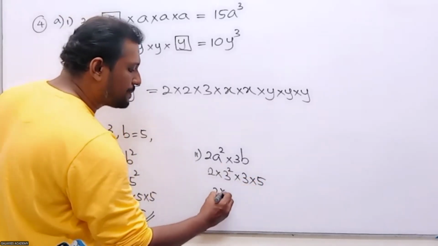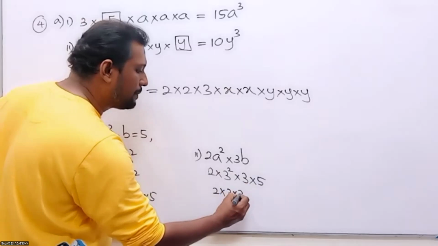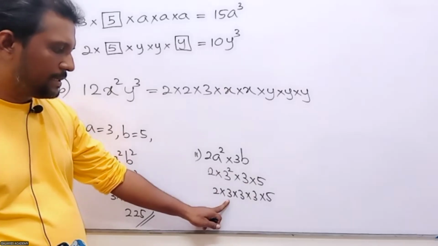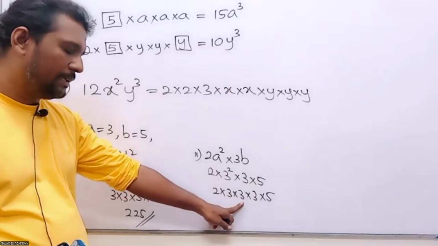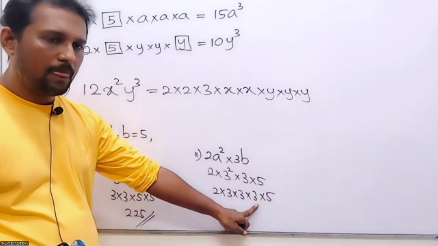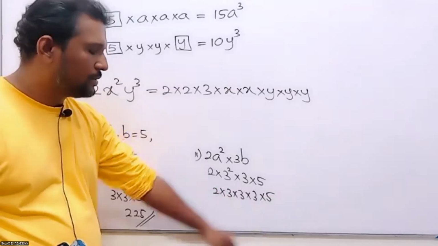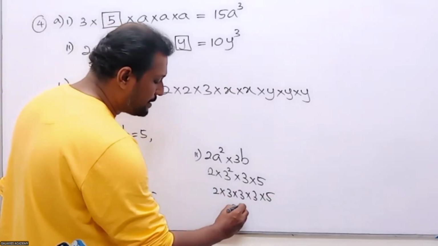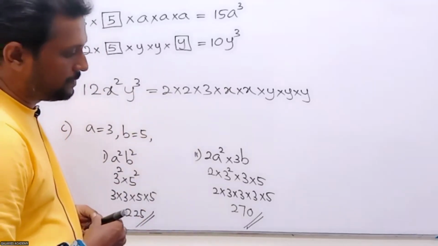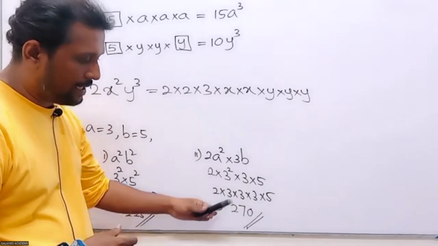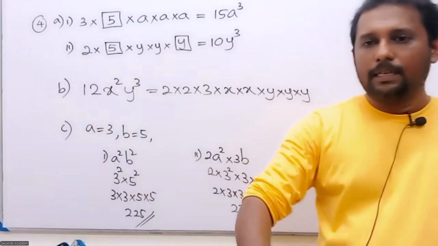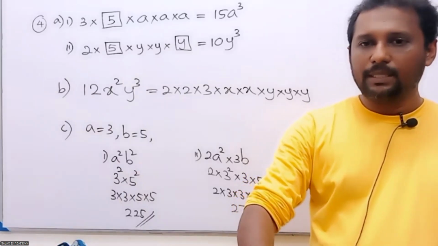Now you can write the expanded form. 3 to the power 2 is 3 multiply 3 multiply 3 multiply 5. 2 times 3, 6. 6 times 3, 18. 18 times 3, 54. 54 times 5, 270. Right? So the last part answer is 270. They are the answers for the fourth question.